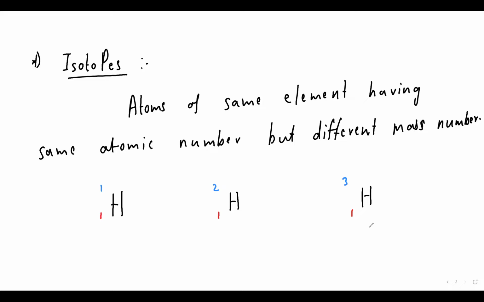So do they have the same atomic number or not? Yes. But what about their mass number? This was your Z and this was your A. So are they atoms of the same element or different elements? Same element, with the same atomic number: three isotopes of hydrogen. For your syllabus, you have to study only hydrogen.